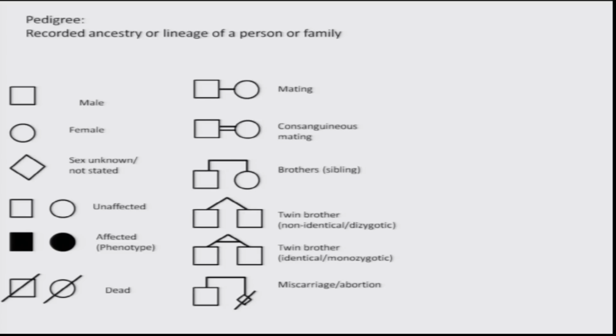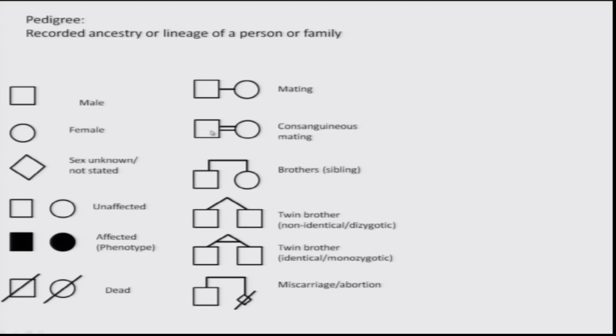There are more symbols. So far, what we have discussed on the left side is individuals and their status, but now we are going to show how they are related to each other. Normally, when you draw a line between 2 individuals, obviously between a male and a female, that represents the mating. They are the biological parents.